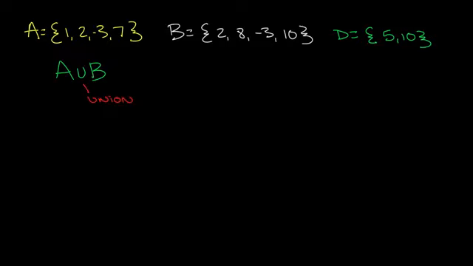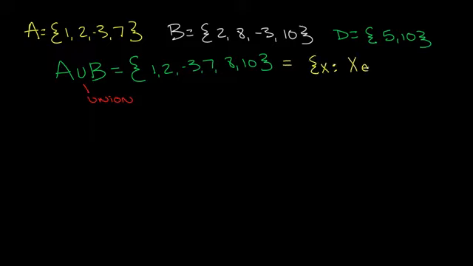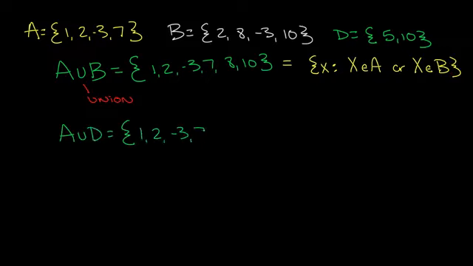A union B is equal to the set of things which are in A, or in B, or in both. So it's a much more tolerant condition. So in this case, this will be {1, 2, -3, 7}. 2 is already in A, so we don't have to write it again. 8, 10. In bouncer club notation, this is the set of X such that X is in A, or X is in B. Let's work out another example. A union D is equal to {1, 2, -3, 7, 5, 10}.